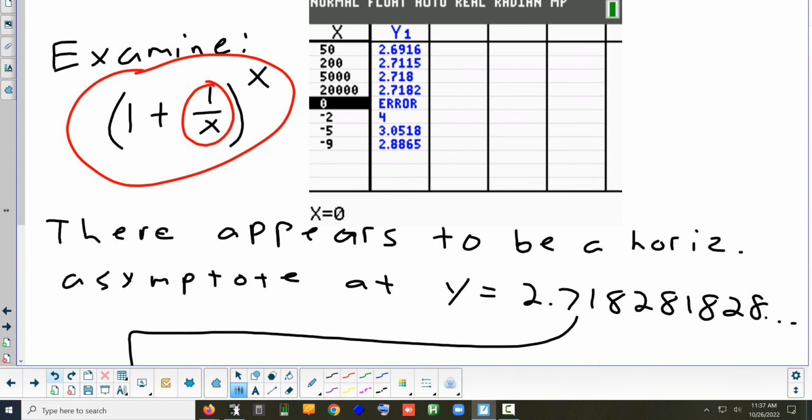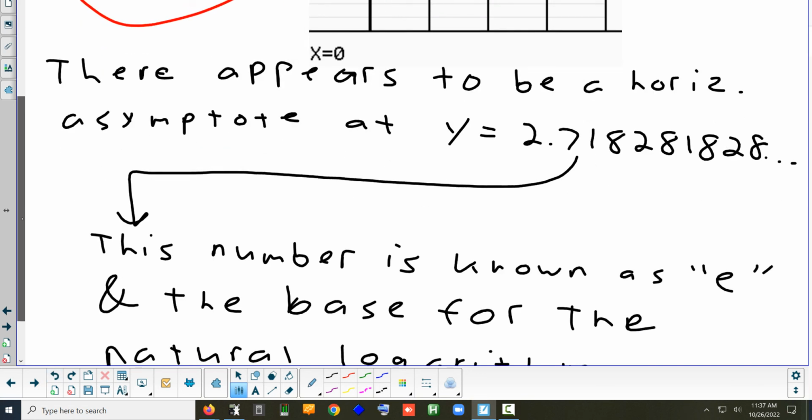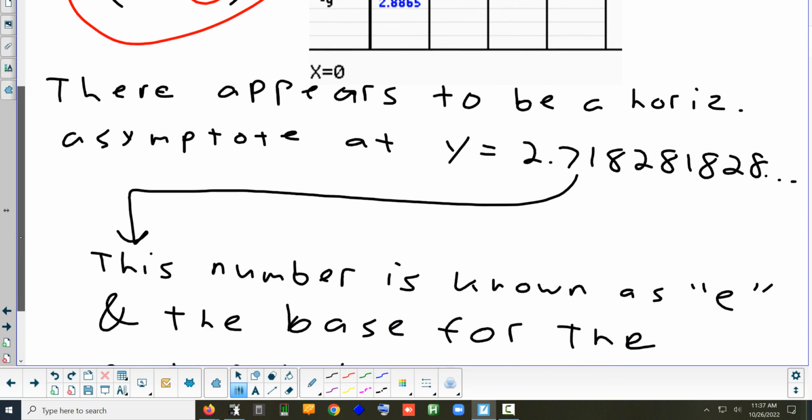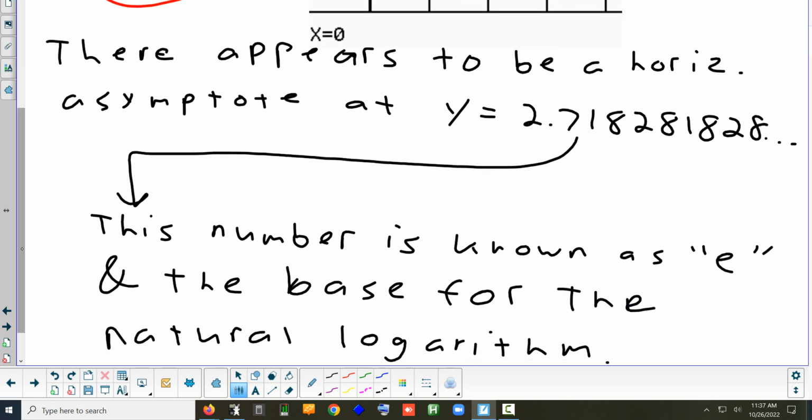That number is called e, 2.718281828. It does not keep repeating 1828. I don't know the next number after that. I forget. But it's not 1828 again. And e is named after a mathematician, whose last name was Euler.